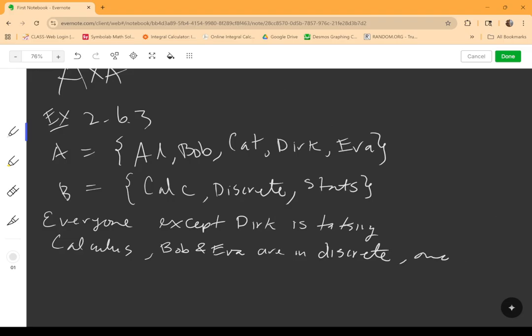And Al, Kat, and Dirk are in stats. All right, so that's the setup.